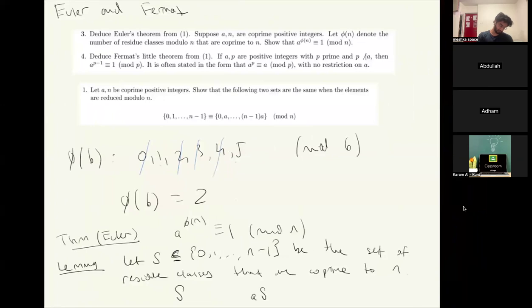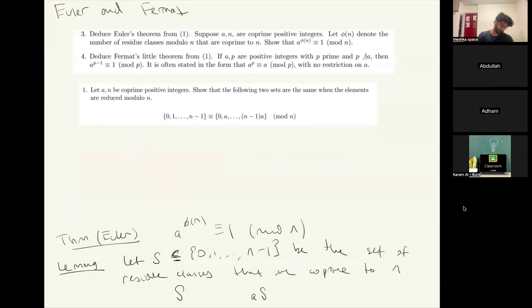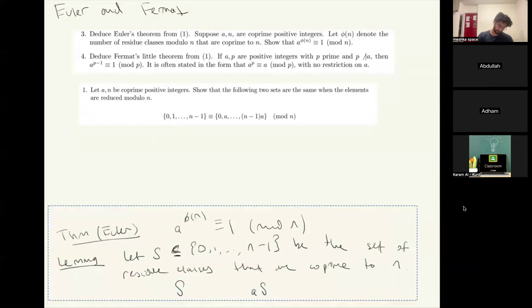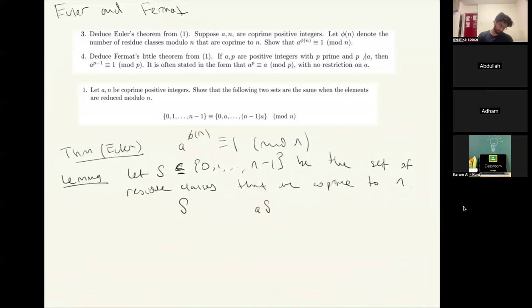It's the elements of S multiplied by A. So AS is defined to be the set of A times K, where K is in S. You multiply everything in S by A, and now the lemma is that S is congruent to AS mod n.